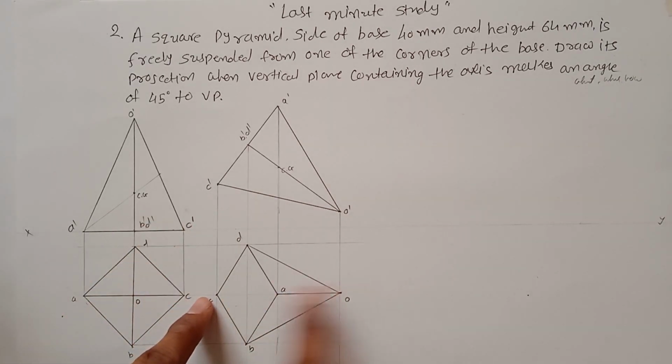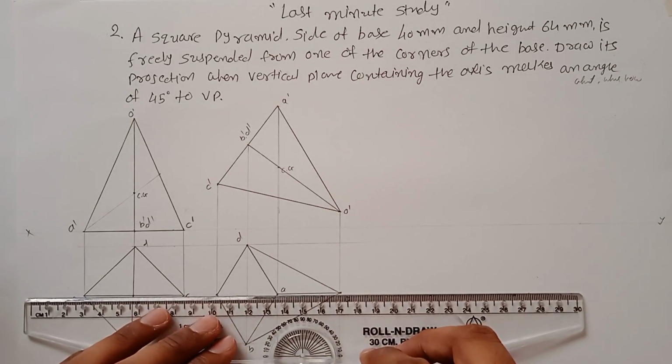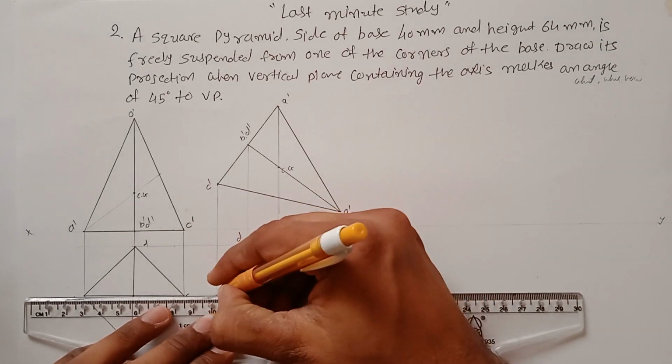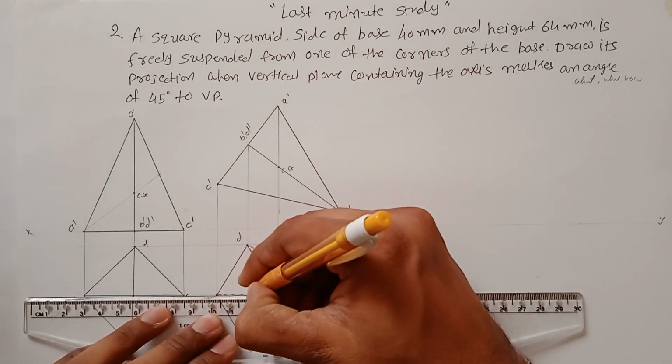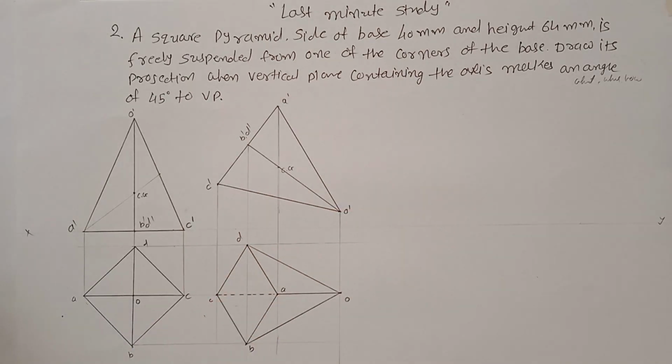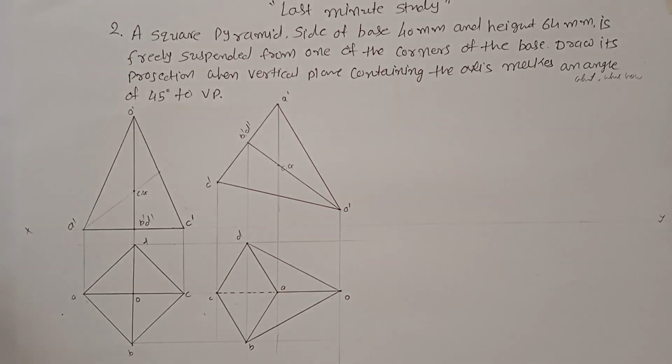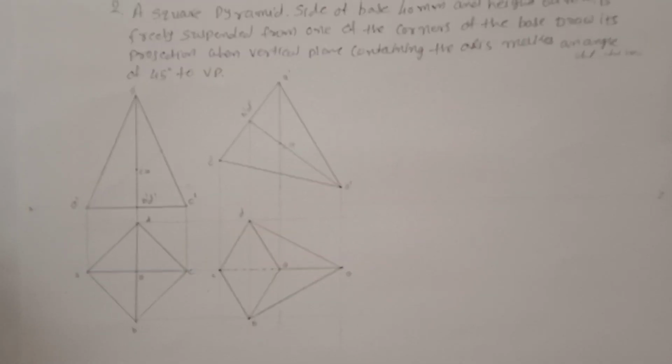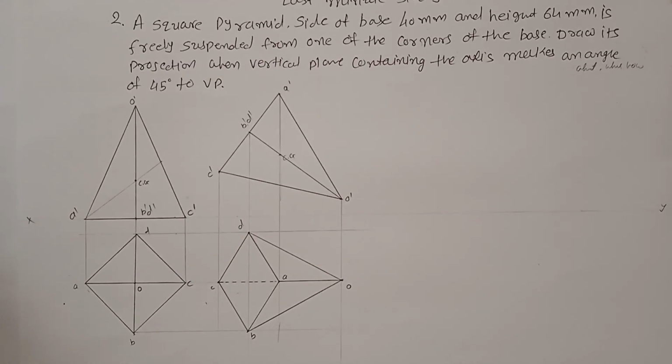So C to O is a totally dash line, but A to O is a solid line, so that's why I draw a solid line here. But here you have to construct a dash line which indicates the edge of C to O. So this is your position in which our solid is freely suspended.